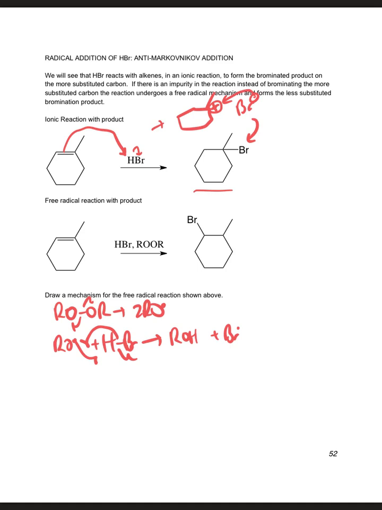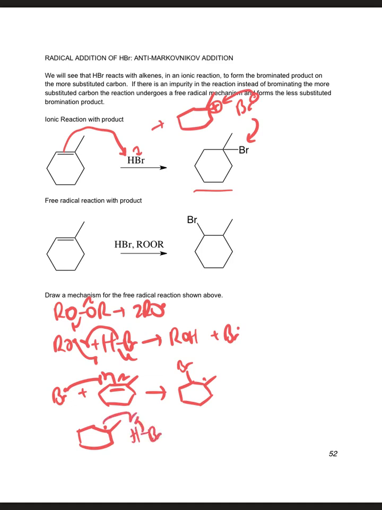The bromine radical is going to react with the double bond, adding to it to give us a new radical with bromine on the less substituted carbon, and then that new radical will react with HBr to abstract a hydrogen off of it to form the 1-bromo 2-methyl cyclohexane.